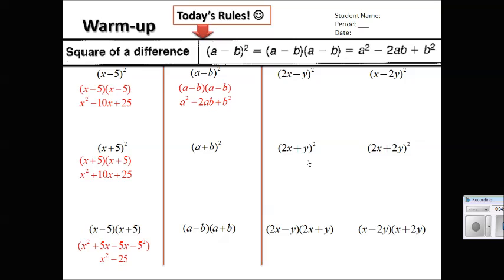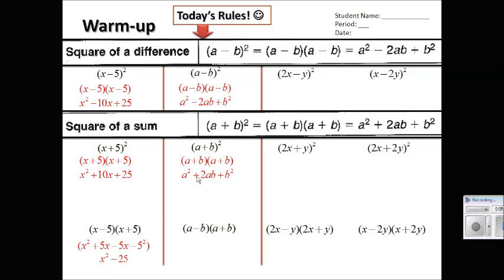So we're going to practice that over on this side later. Let's move on to this one. Well, surprise, surprise, that's a plus sign, right? So it'd be the square of a sum. But we got a plus b times a plus b gives us a result. Notice that in this case, the subtraction makes a negative middle, but a positive front and back, right? Well, in this case, because we have a plus in the middle, we end up with a plus in the middle.